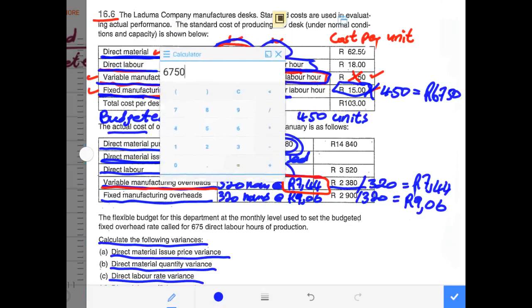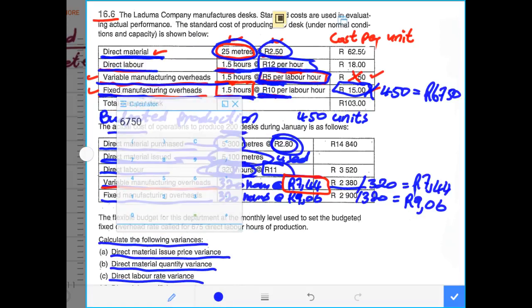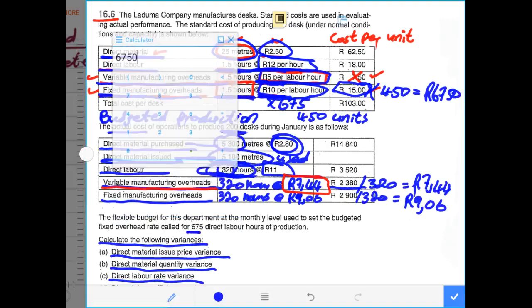6,750. Or else we can use the budgeted fixed overhead per labor hour, where the 10 rand is per labor hour, therefore we multiply the 10 rand by the budgeted labor hours. The budgeted labor hours was 675. Remember, we had our budgeted hours as 675.